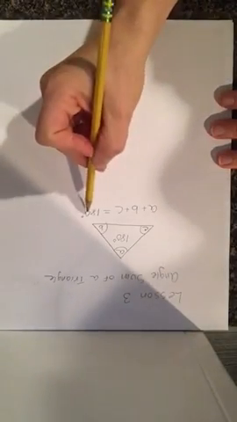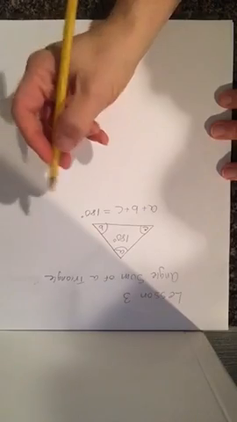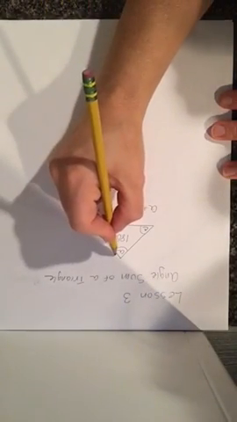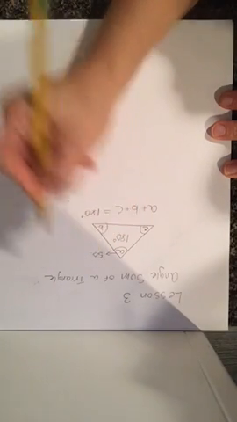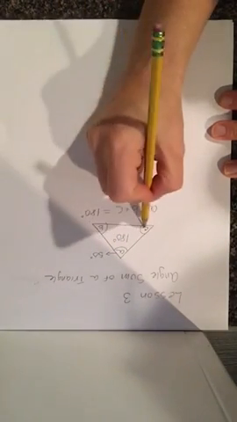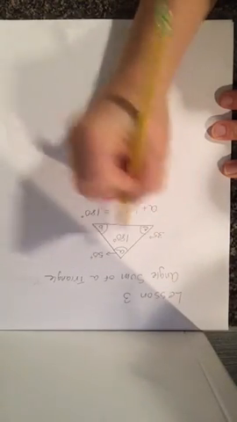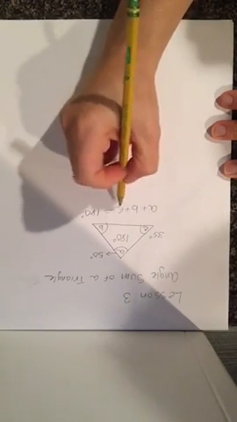Now, what that does is if we're given 2 angles, we can find the missing angle. So for example, let's say you're given angle A, and angle A is 50 degrees. And let's say angle C is 35 degrees. Well, basically, we can plug in angle A and angle C right here.